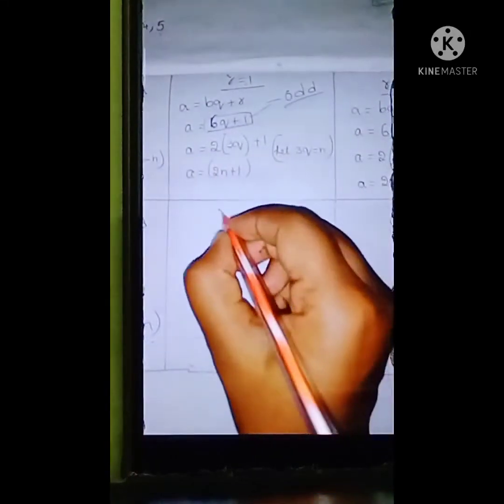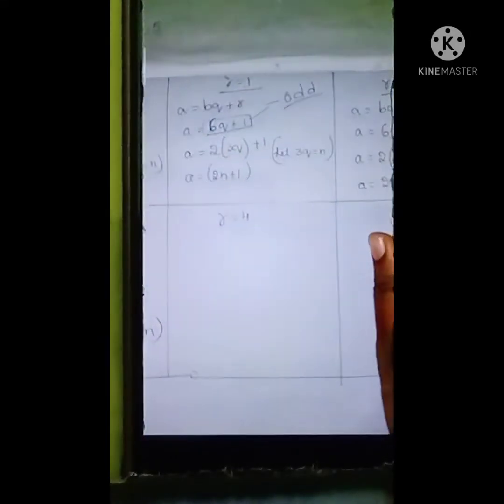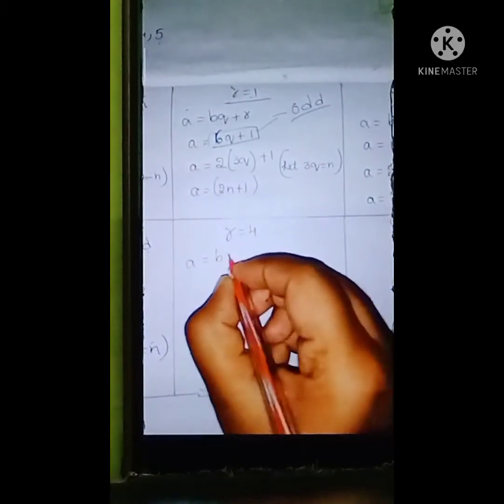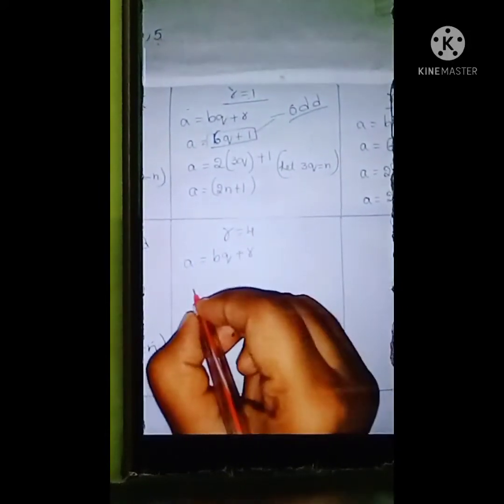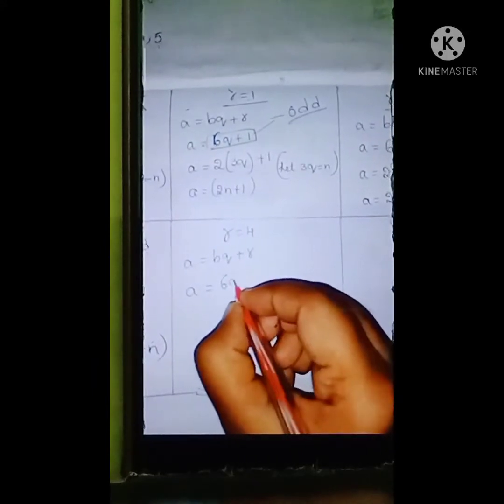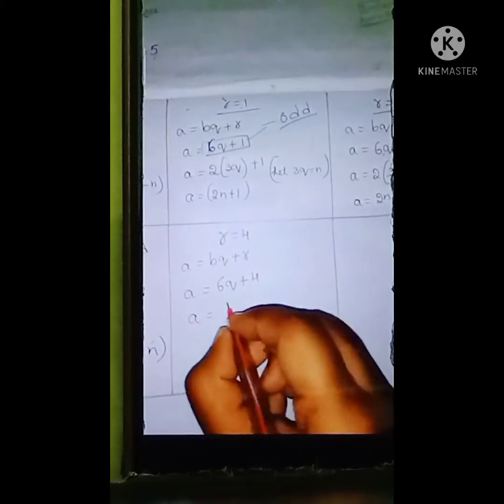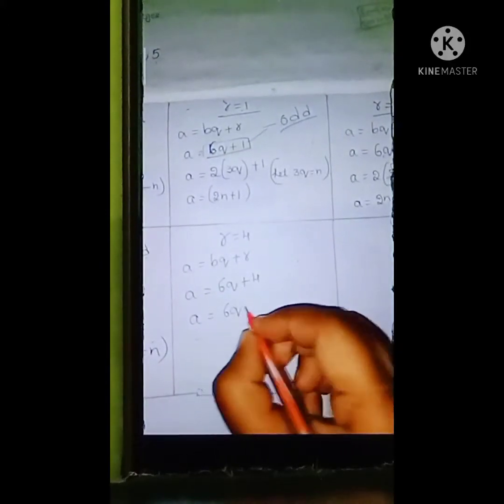Now R is equal to 4. A is equal to BQ plus R. Here A is equal to 6Q plus 4.